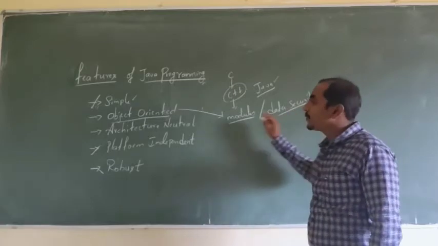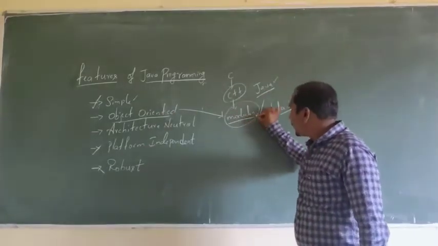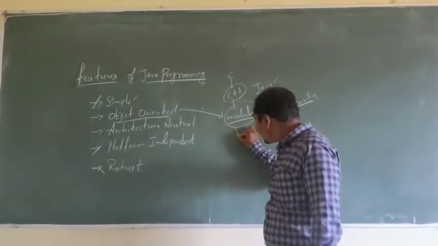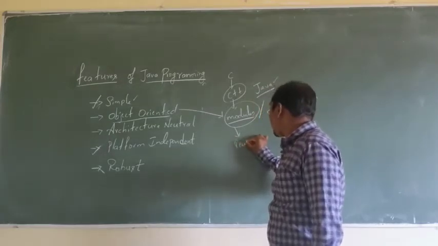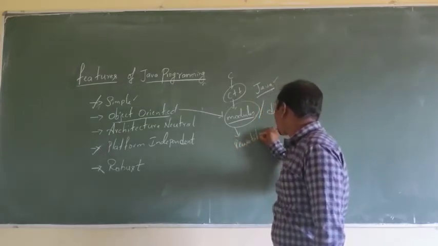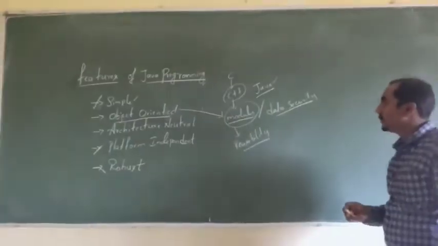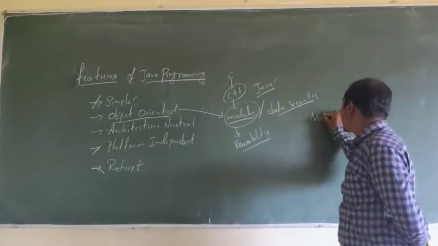Security for the data is provided in an object oriented programming language. We are going to create a program in terms of modules, which will help in reusability of the code.